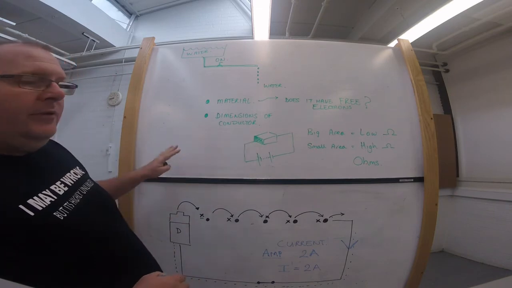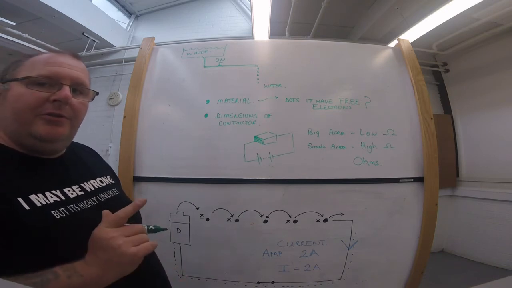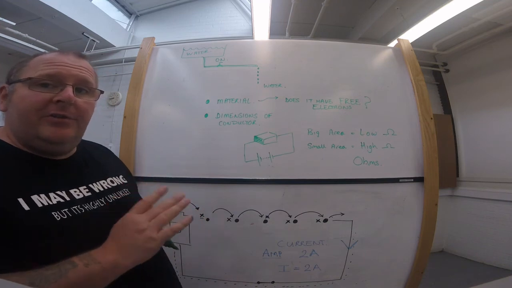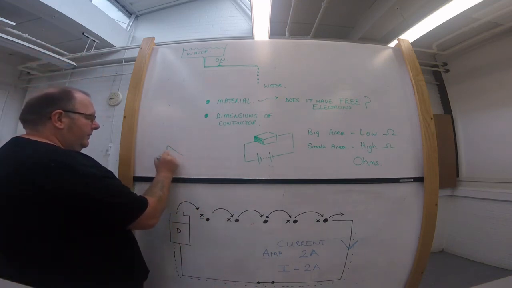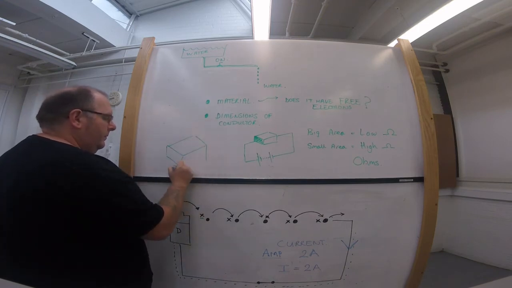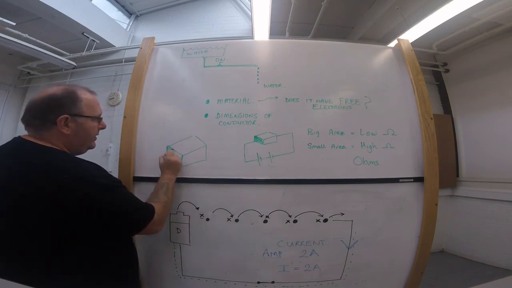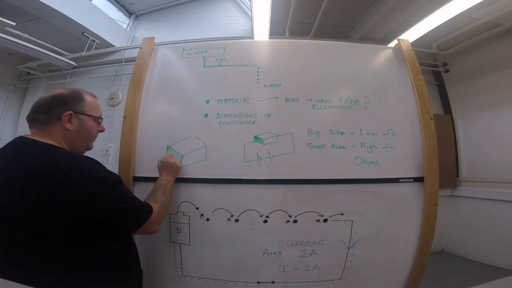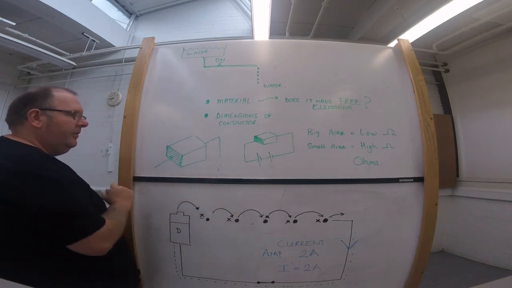So, out of the two areas of that piece of material that I'm about to draw, try and guess which one has the highest resistance. So there's the area of that face. We're going to pass current in here and round a circuit all the way back round.